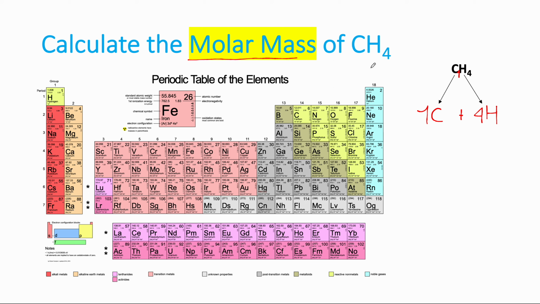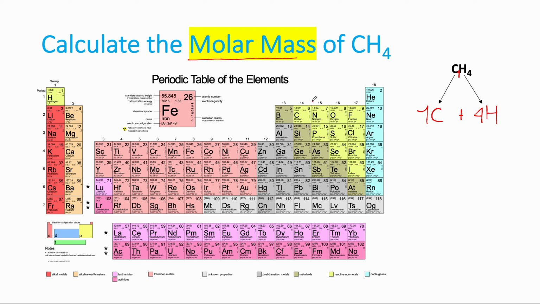And to find the molar mass of this compound, it's simple. We have one carbon, we have four hydrogens. From the periodic table, to make things simple, we can get the average weight of a single carbon atom. So let's find carbon in this table here.